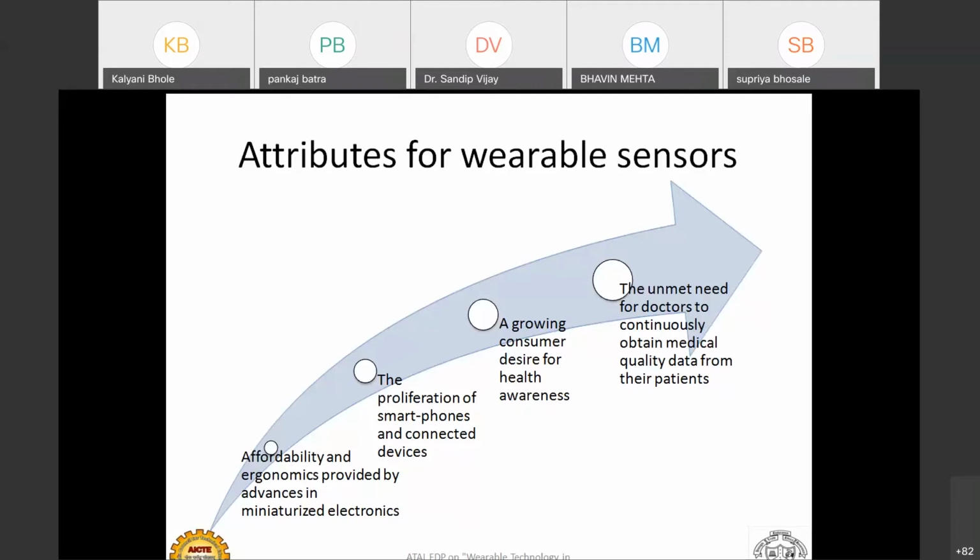And the fourth attribute is the unmet need for doctors to continuously obtain medical quality data from their patients. Again, as the technology is improving, the doctors or medical experts are continuously looking for more and more data to explore more and more things.